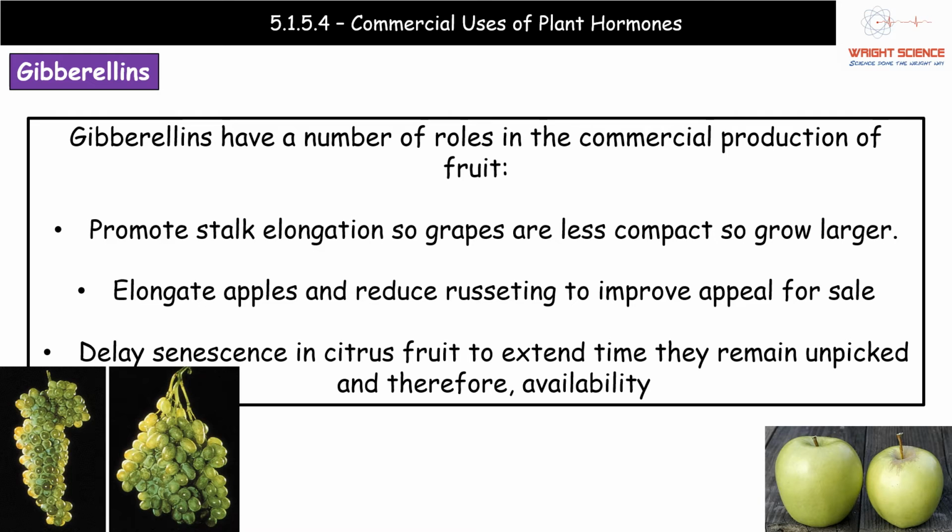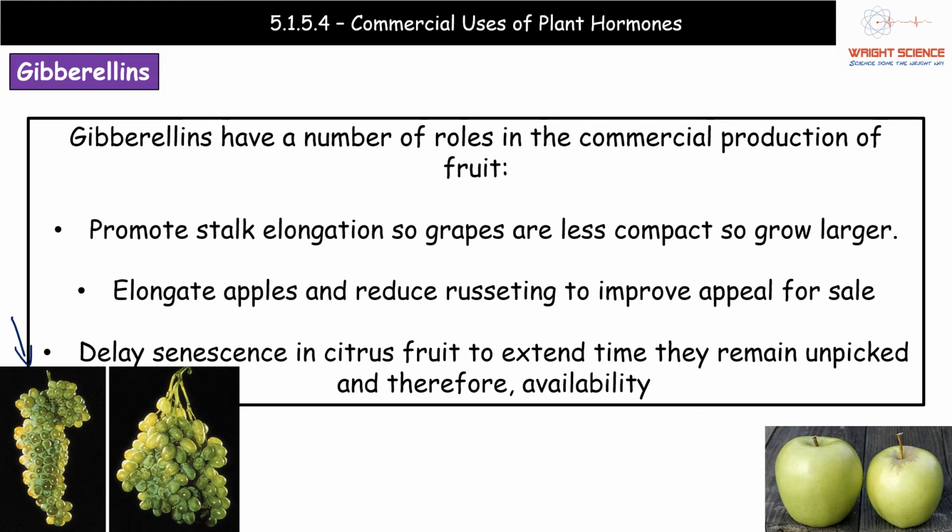Third hormone, the gibberellins. Now, gibberellins are all to do with commercial fruit production, really. So if we think about grapes first of all, we talk a lot about grapes in A-level biology, then the old style, the original grapes, are on the left. This is a bunch of grapes as they would grow pre-gibberellins being applied to them.